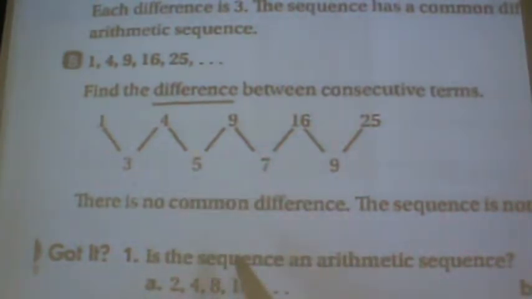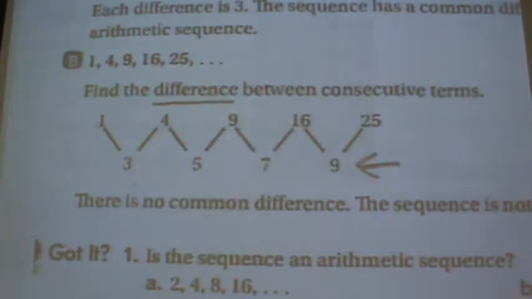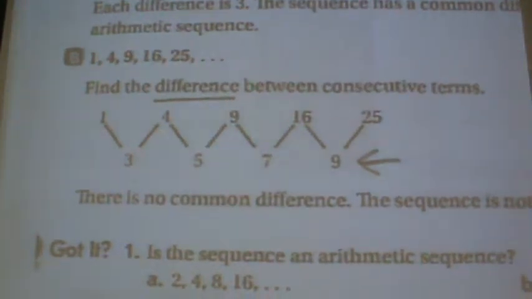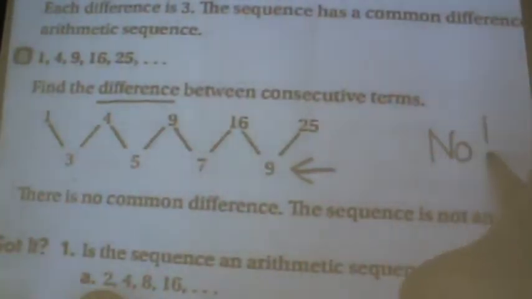Now, is there a common second difference? Yes, there is, but that's not what this is about. This is strictly the first difference that has to be common. We've talked about second difference, and that's quadratic, but this is not arithmetic. Arithmetic means it's going to be linear. It's a linear function. So this one is no.